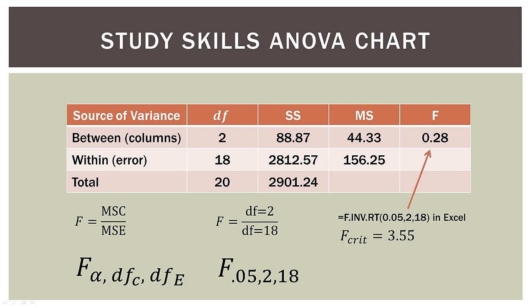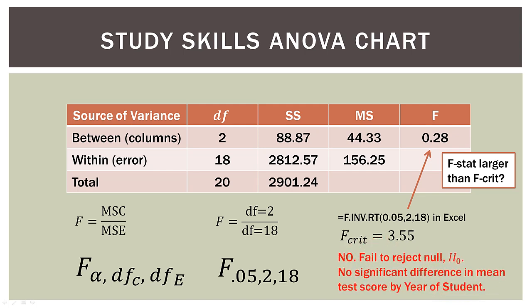3.55. So we have to ask ourselves, is the F statistic in our ANOVA table larger than our F critical value? Well, no. So remember what our null hypothesis said. We talked about this in the first ANOVA video. In these type of problems, our null hypothesis is that the means are equal to each other. Or it's another way of saying that the means, the three means, come from a common population.